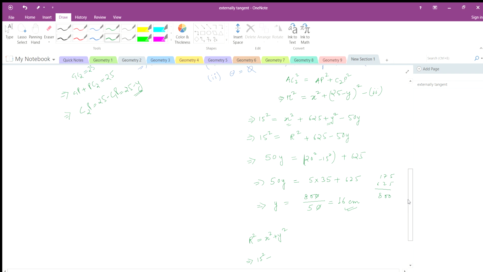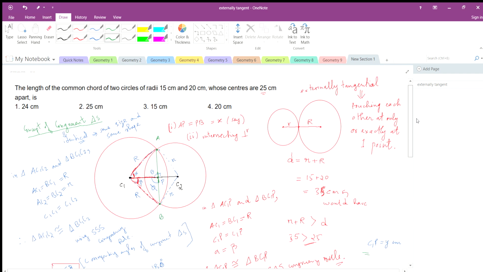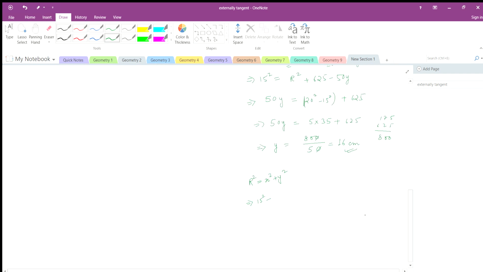It's not 15, right? It's 20. Yeah, my bad, 20. So this is 20 square minus 16 square equal to x square, right? So what will be x? X square will be 400 minus 256, which is 144, so x is 12 centimeters.